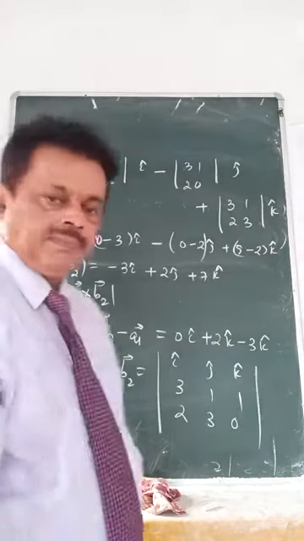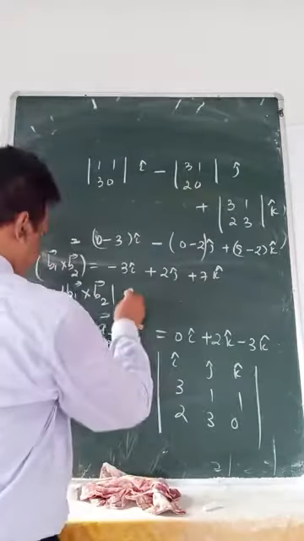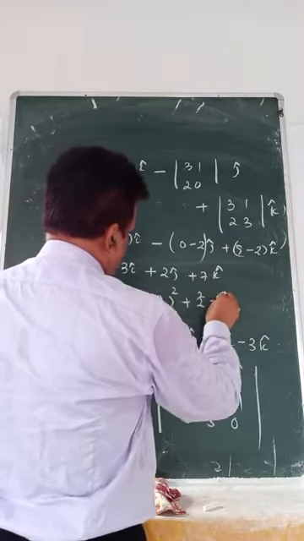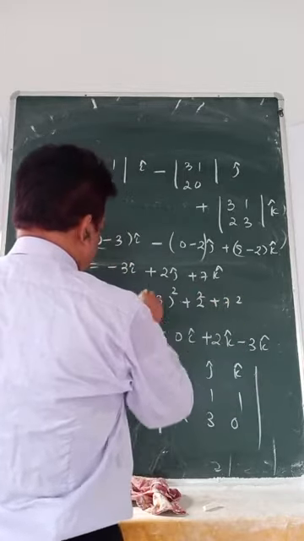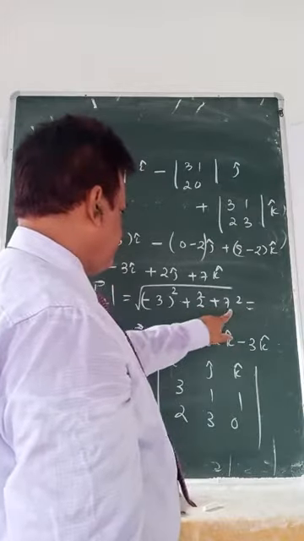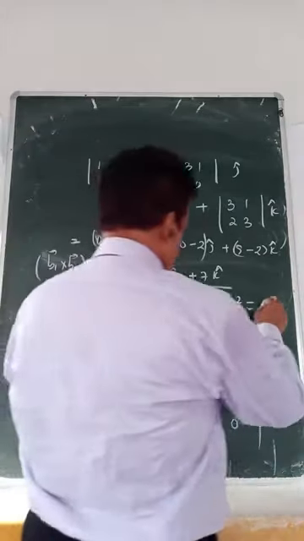Okay, what is B1 cross B2 modulus? How much it will be? Root over minus 3 square plus 2 square plus 7 square. How much? 49, 53 and 9, 62.